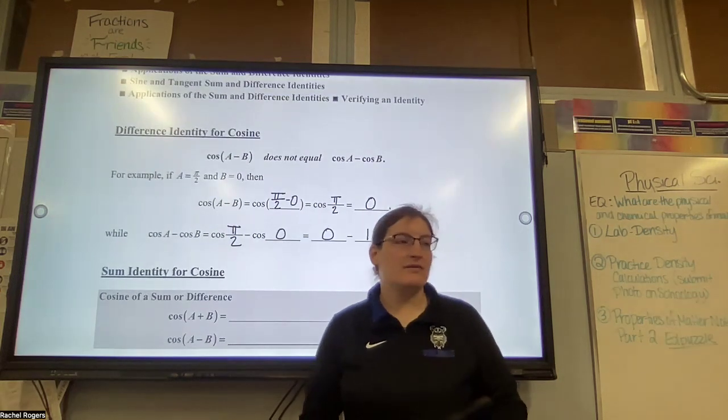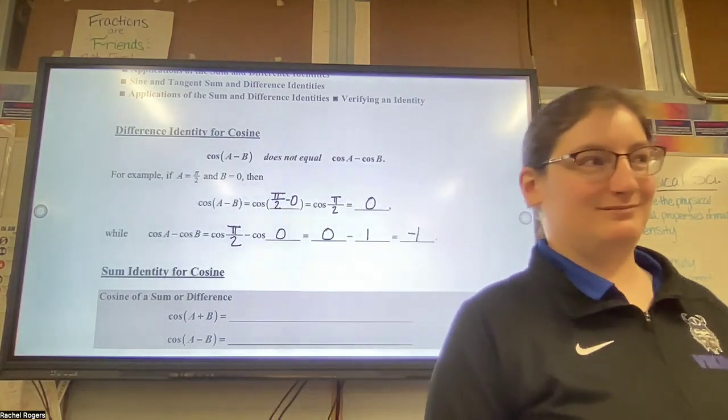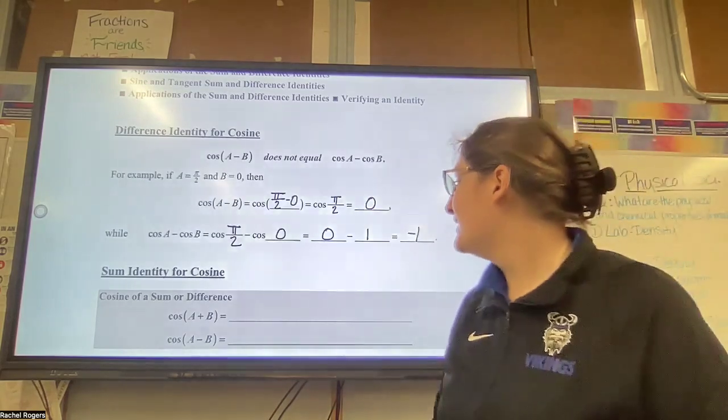So this is kind of why we have these different identities. It's going to be a little weird, and it's going to be another thing that you're going to have to memorize. Okay, the sum and difference identities.